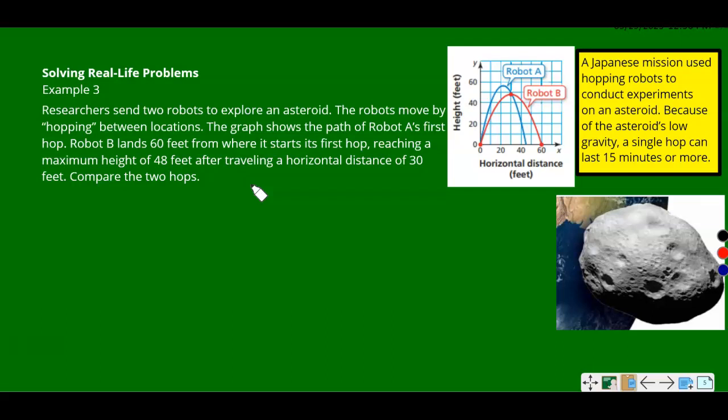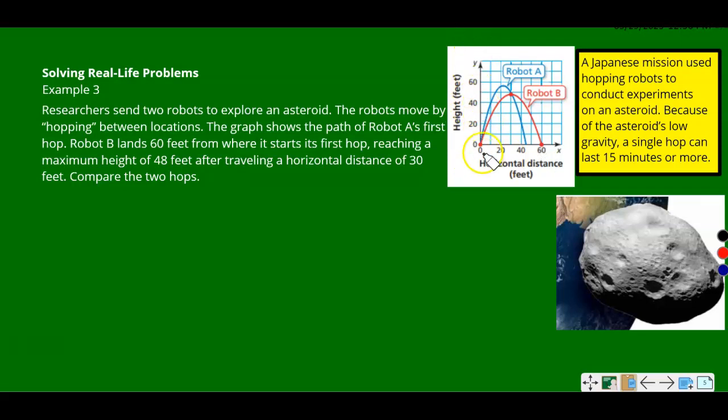And you can always compare the intercepts. Okay, they both have an intercept at 0, 0. Robot A has an x-intercept at 45 and 0. And robot B would be 60 and 0.